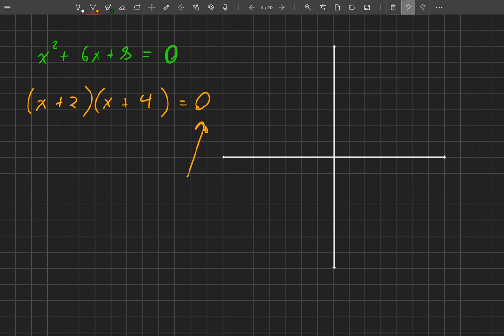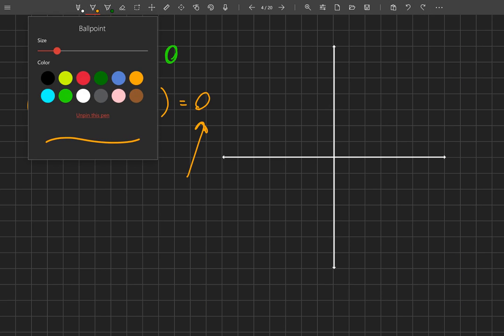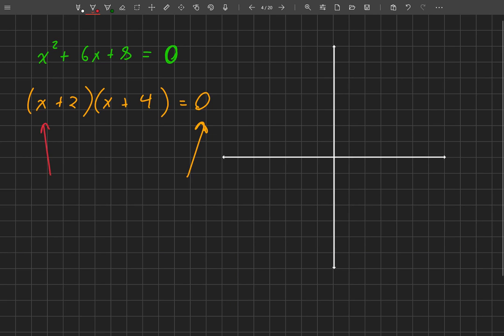Let's think about what would make that happen. What number could I plug in here to make that 0? Negative 2. And think about that for a second. Let's talk about the logic. Now, practically, you could just switch the sign and call it a day. I get that. But I want you to think about why we're doing this. If you put a negative 2 here, then negative 2 plus 2 is 0.